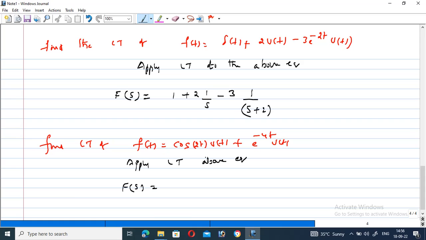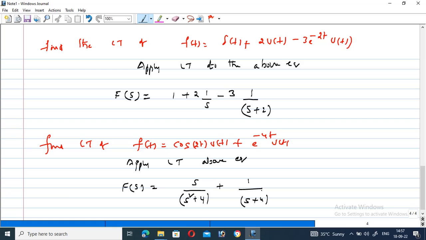Cos omega t gives s by s square plus 2 square, that is nothing but 4, as well as plus, what is the value of this one? 1 by s for u of t, but with shifting in the frequency domain, the multiplication is e power minus 4t, therefore you will get 1 by s plus 4, right?